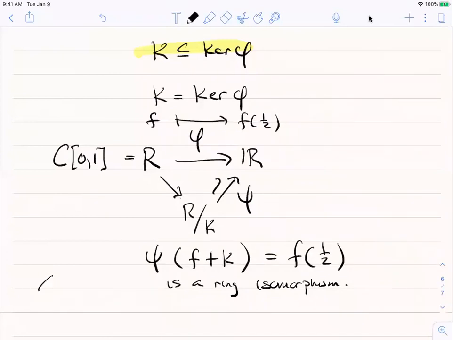Cool. So I will end this long video by saying out loud one more way to interpret what we just did. If you're considering continuous functions, but only modulo the functions that vanish at 1/2, functions that send 1/2 to 0, then you can't tell the difference between two functions if they have the same value at 1/2.